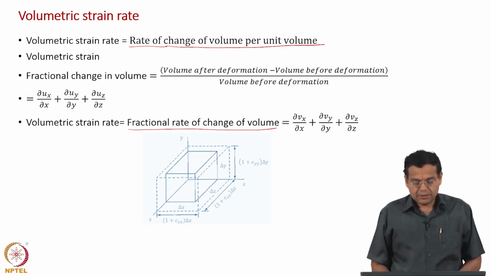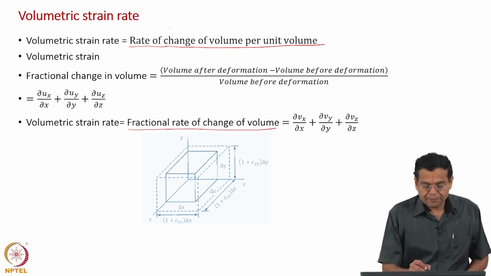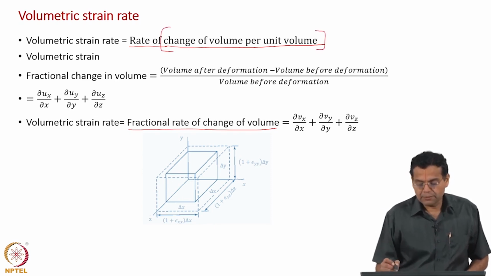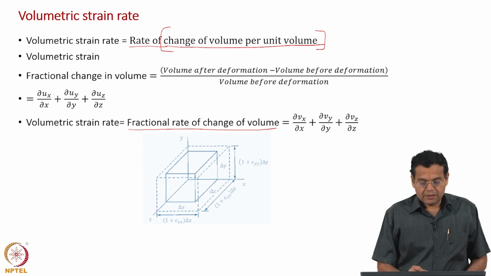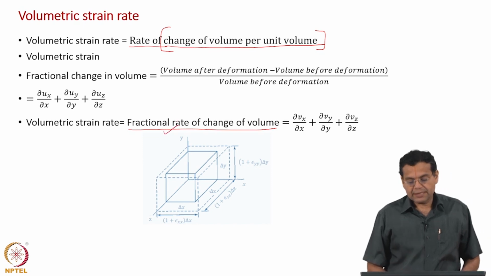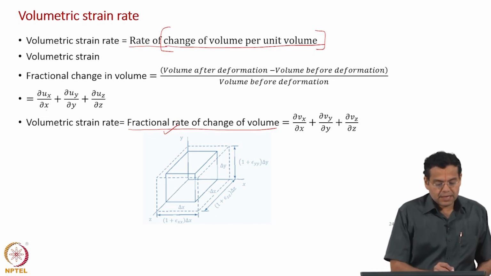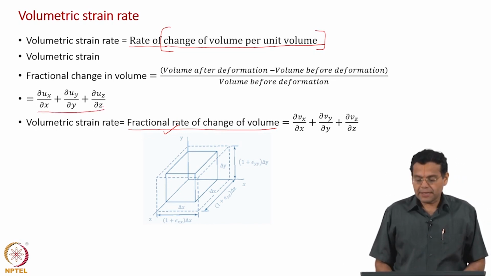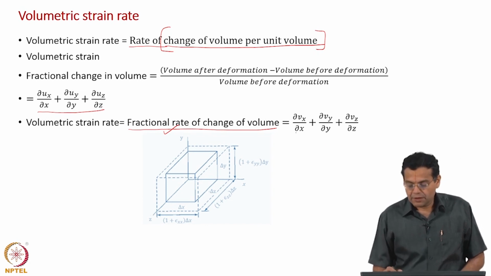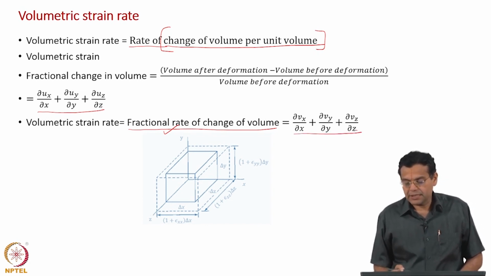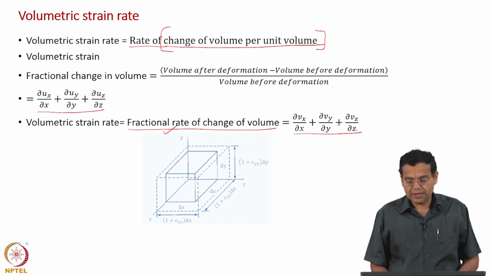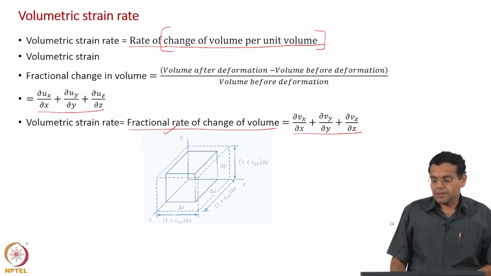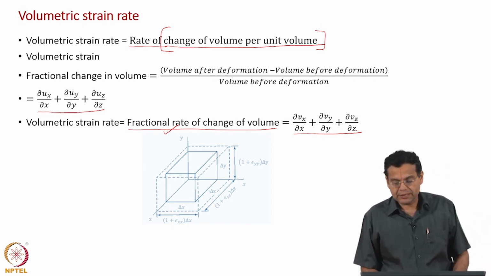So, rate of change of volume per unit volume or fractional rate of change of volume, both are equivalent. Just like we had the sum of these three displacement gradients, we will now have the sum of these three velocity gradients: dou Vx by dou x plus dou Vy by dou y plus dou Vz by dou z.